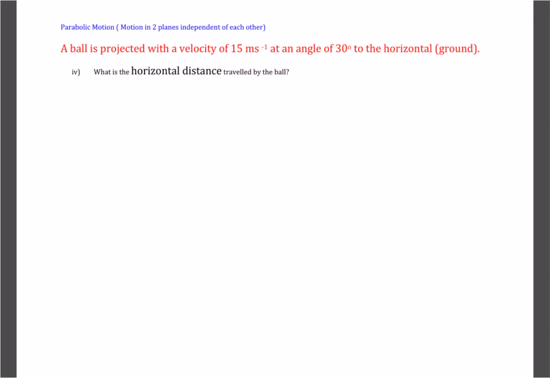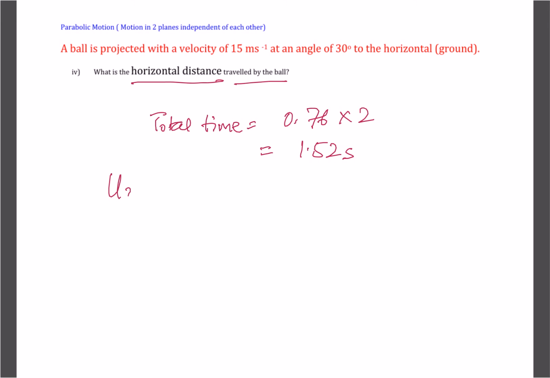And of course, as I said, we want to work out what is the horizontal distance traveled by the ball. We saw the total time would be 1.52 seconds, and now we bring in the x value, which was 13 meters per second.